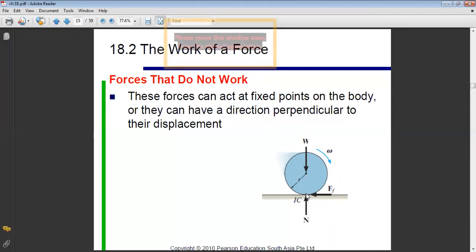Because of that, the friction force applied at this point will not do work. This is why when we have rolling without slipping, we say that the work of friction is zero, because it's a static friction, not kinetic friction. So pay attention: when they tell you rolling without slipping, the friction force will not do work because it's a static friction.